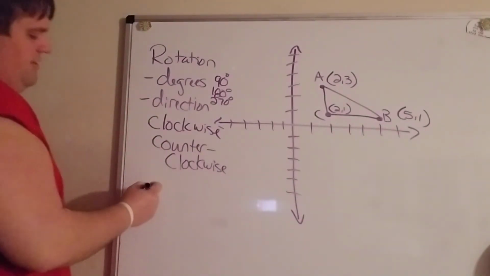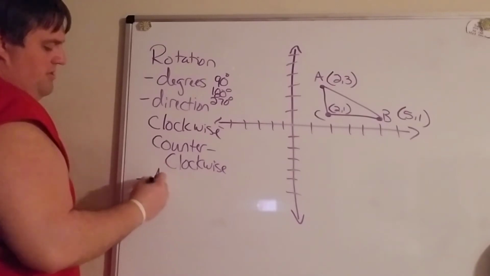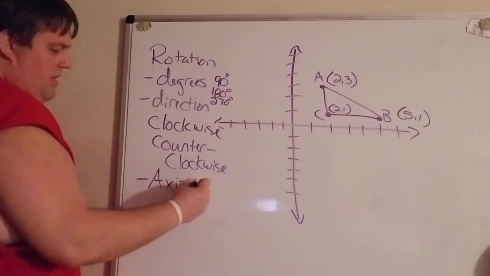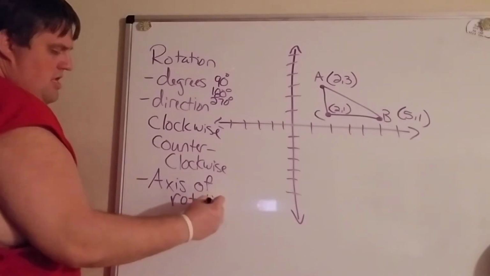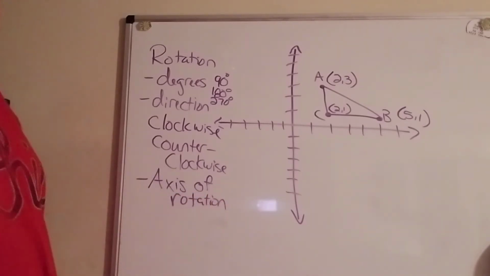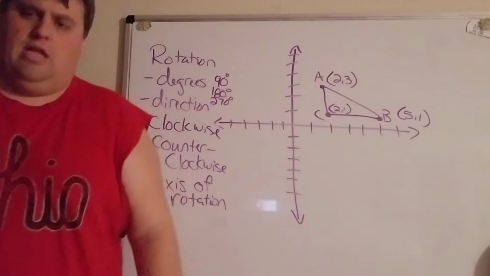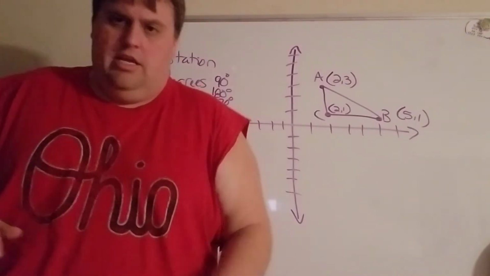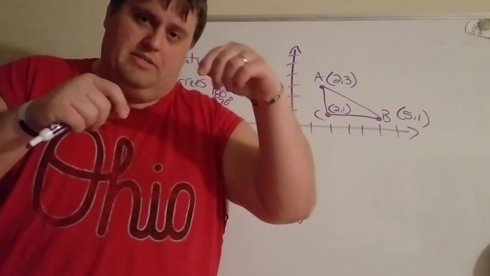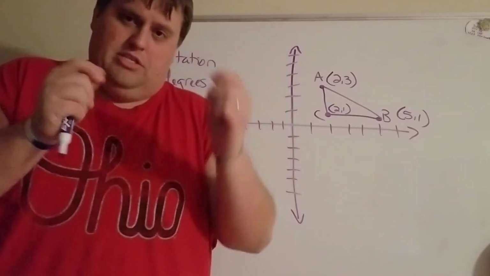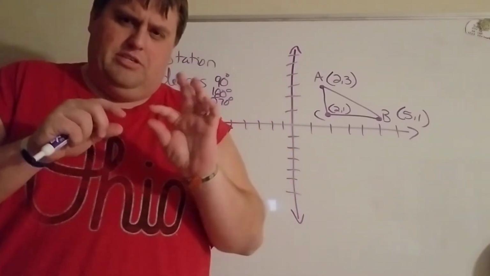The axis of rotation is the hardest part for some reason. Let me write it back up here. So what are you spinning around? In Sunday school when I was little, we used to make paper plates, and you cut part of it out, and then you could spin it. And we used those little things called a brad.